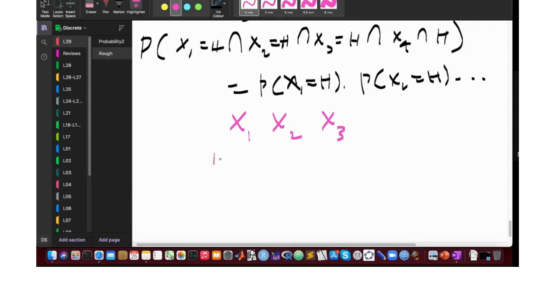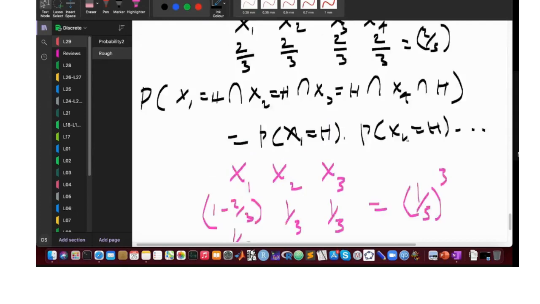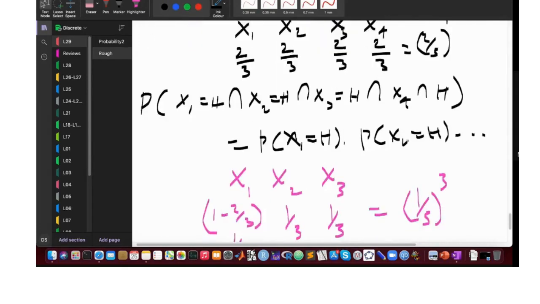It's 1 minus 2 over 3. Okay, कि ये bit 0 होगी. इसके head आने की probability 2 over 3 है और इसके tail आने की probability 1 minus 2 over 3 है, which is 1 over 3. So this is 1 over 3, this is 1 over 3, and this is 1 over 3. So इनके probability 1 over 3 cube, which is 1 over 27. All right, so that's it.